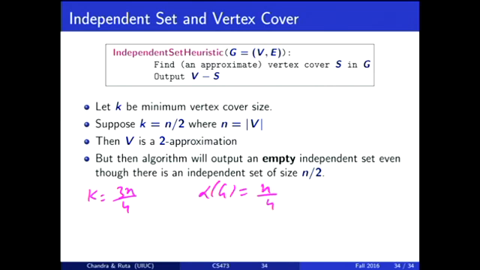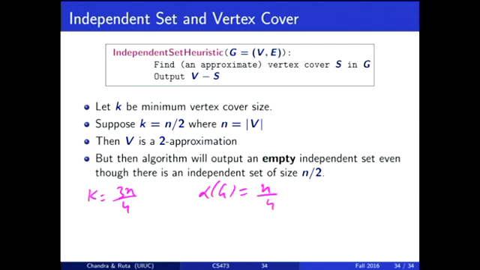If I give you a 2 approximation for vertex cover, what does it mean? It's going to give me a vertex cover of size at most 2 times 3n over 4. That is more than n, right? So it can give me anything it wants. It can give me the entire vertex set and it will still be a 2 approximation.